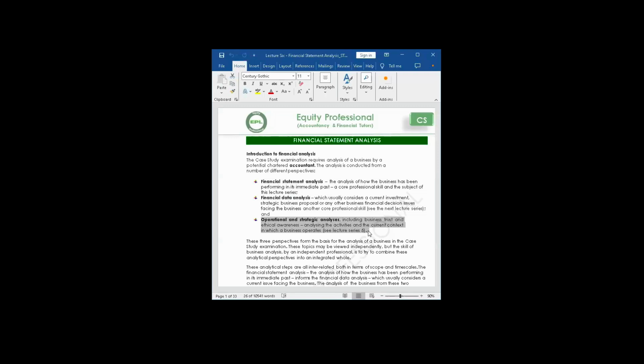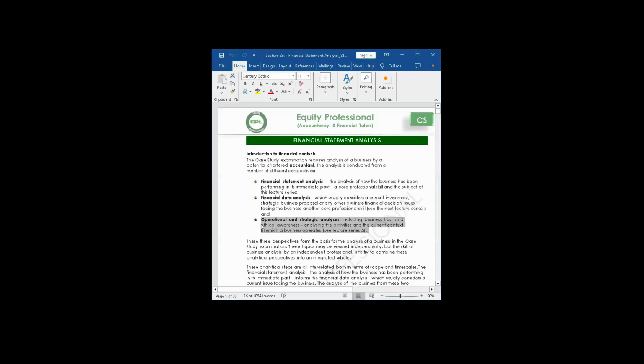Then we need the help of strategic business models such as PESTEL, SWOT, Porter's five forces, benchmarking, value chain model, and all sorts of models to solve the case. And we equally discussed those sub skills under the operational and strategic skill.